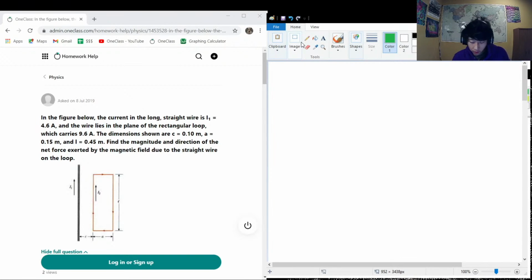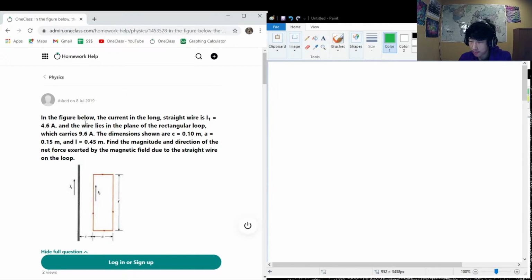Okay, so the next question that we have on the menu today is asking us, along in this figure below, we got a long straight wire, the black one on the left, that has a current 4.6 amps going upwards through it.